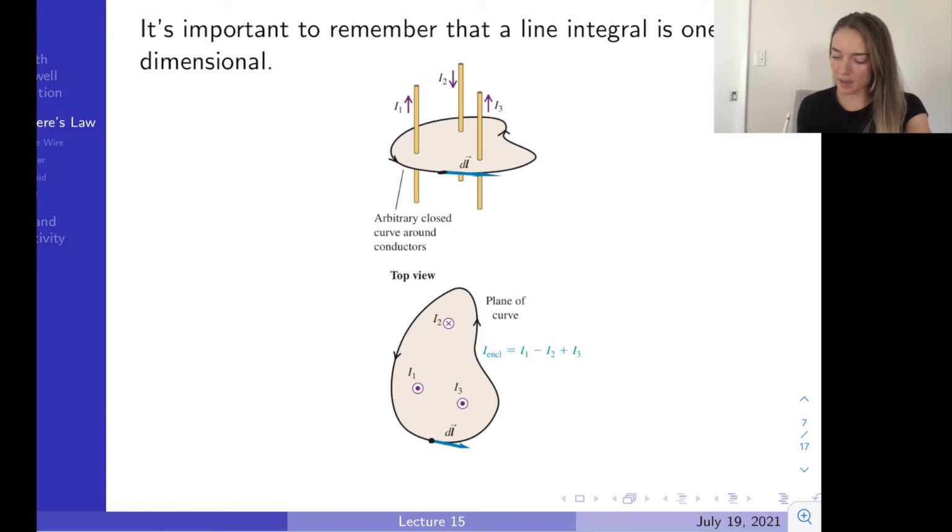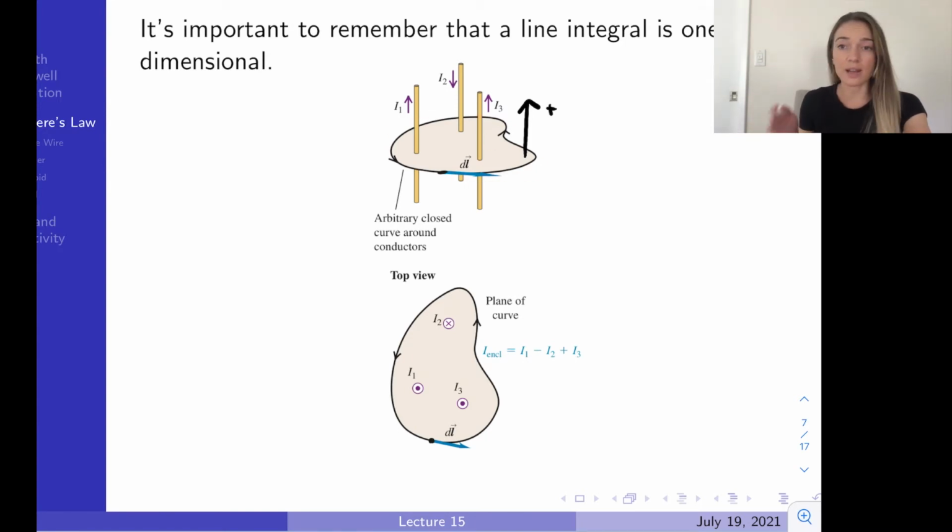We say that I1 and I3 are positive because they're going in the positive direction according to the right-hand rule. If we chose to integrate in this direction, you can turn your hand in the direction of that line integral. We curl our hand in this direction, and we see that our thumb is pointing upward. So according to our right-hand rule, this is the positive upward direction.